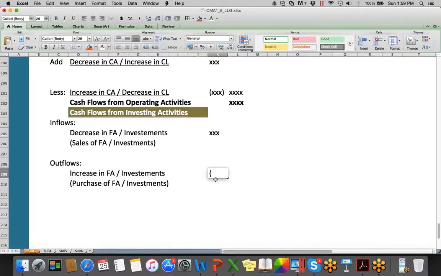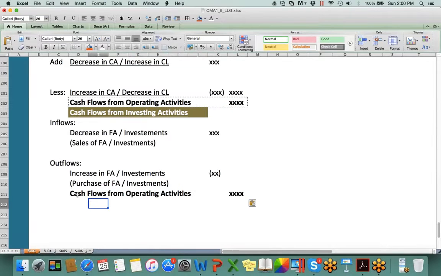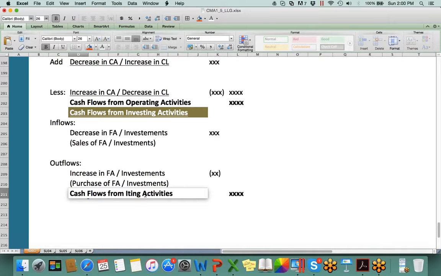So easy. If an asset is purchased, obviously cash goes out, therefore it becomes an outflow. So total of inflows minus total of outflows will give you cash flows from investing activities.